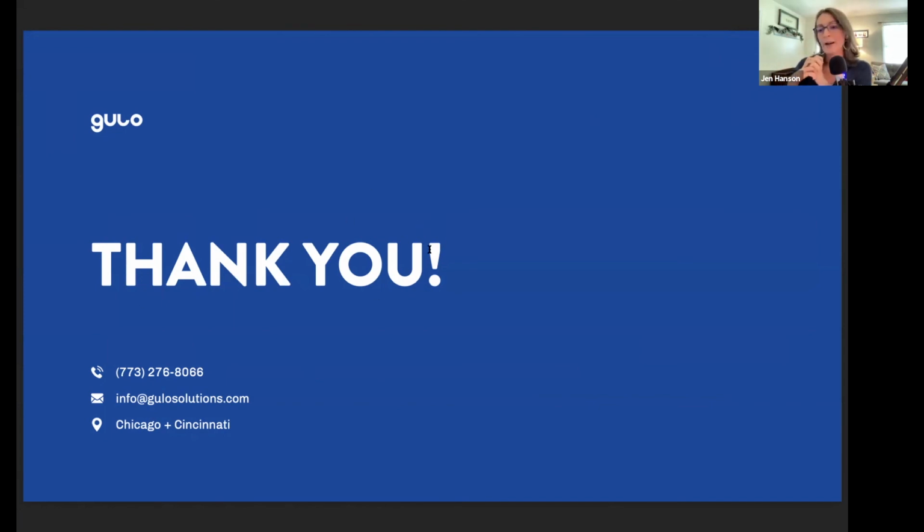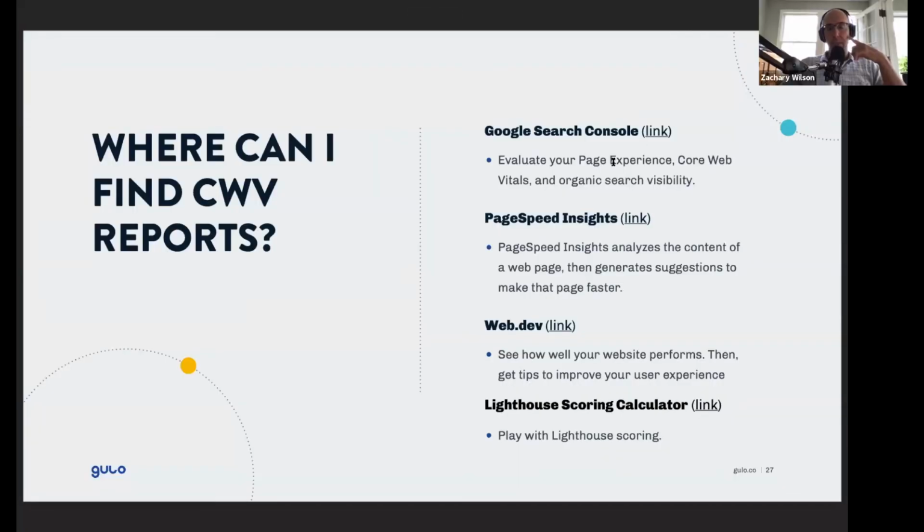People are asking, how do you get access to Google Search Console? Yeah. So first, with one of those links. The link will be on the last page of the slides, but you can just Google it.